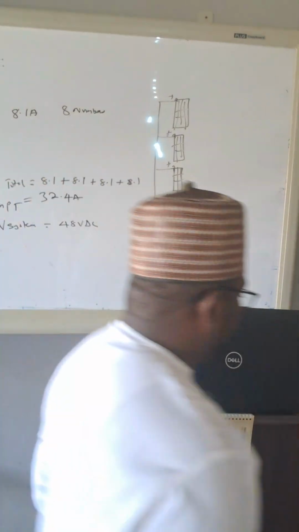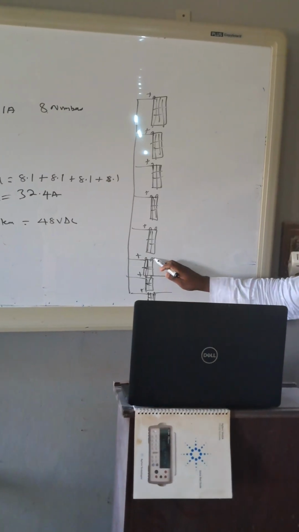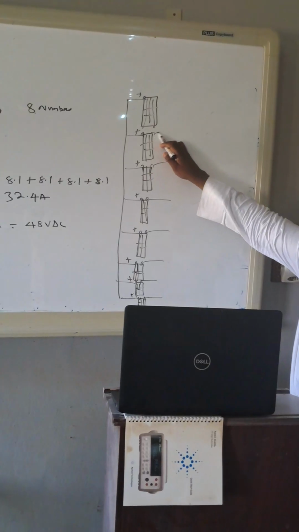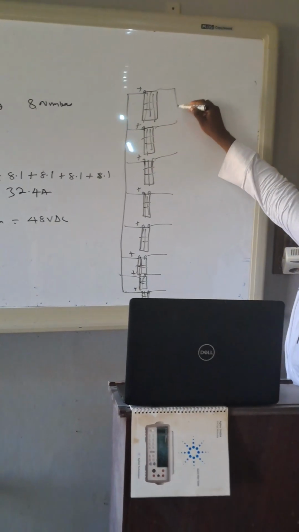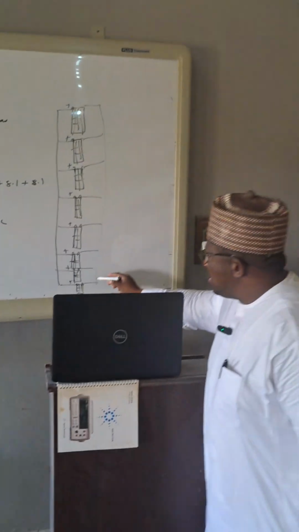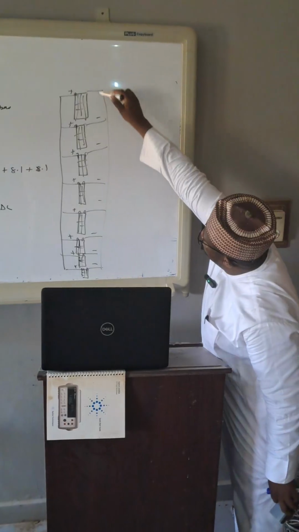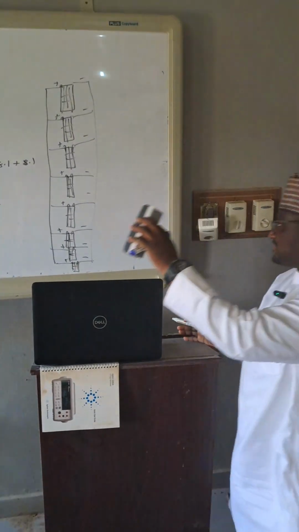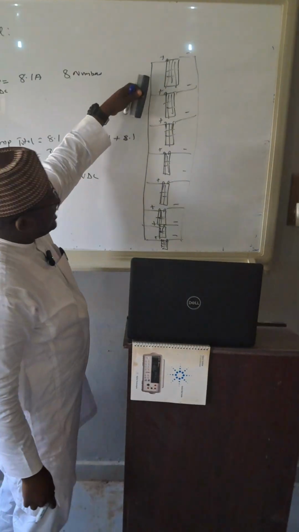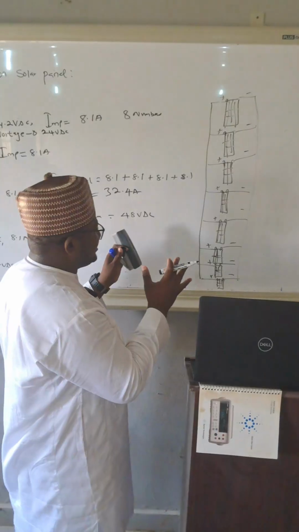Then we connect the negative terminals together, like this. Can you see it? All negatives were connected together, and then all positives were also connected together. In this case, we are going to have an increase in current while the voltage will remain constant.